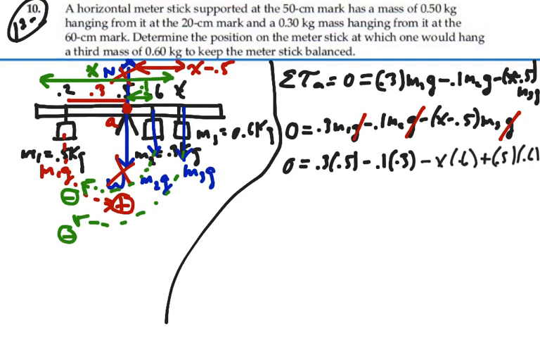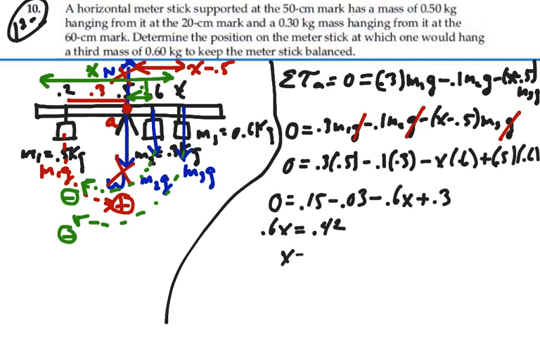Alright, so I have 0 is equal to 0.15 minus 0.03 minus 0.6x plus 0.3. In other words, 0.6x is equal to 0.45 minus 0.03, or 0.42, or x is 0.42 divided by 0.6, which will give me 0.7 meters.